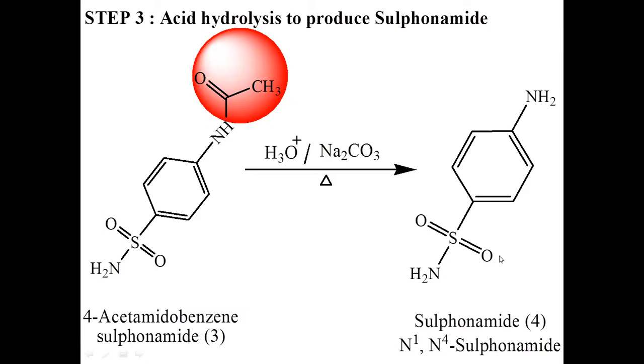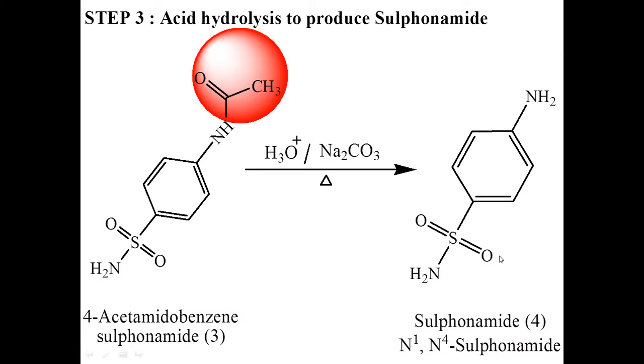With the addition of acid, this hydronium ion cannot reach the sulfur group due to steric hindrance. Hence, this sulfonamide group is slowly hydrolyzed instead of the carboxylic acid amide group. This carboxylic acid amide group undergoes easy hydrolysis by dilute acid.